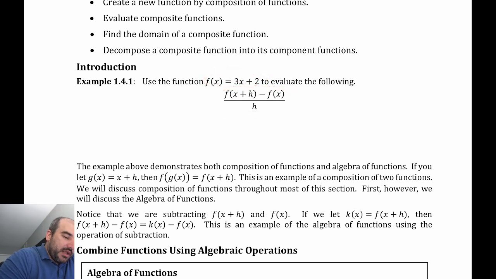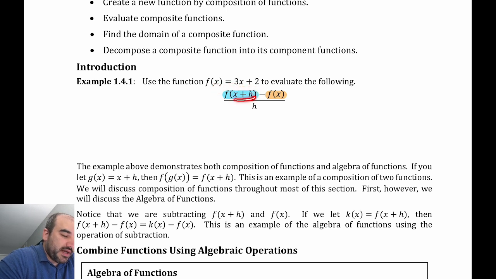First, let's take it piece by piece. I'm going to do some highlighting here to keep track of things. I'm going to do this one in blue highlight and this in orange highlight, and we'll highlight the pieces as we go. So the blue highlighted expression, f of x plus h, is telling me to plug in x plus h instead of x, right?